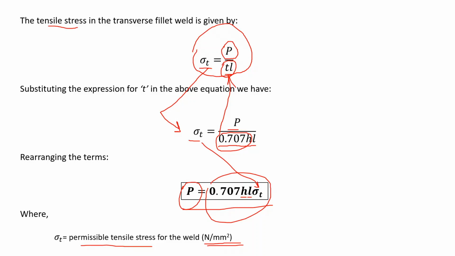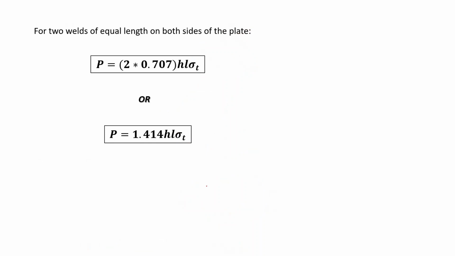So for that reason we always use a double parallel fillet weld. Now for a double parallel fillet weld, you have to multiply this equation by a factor of 2 in order to get the total strength of the plate for a double transverse fillet weld.